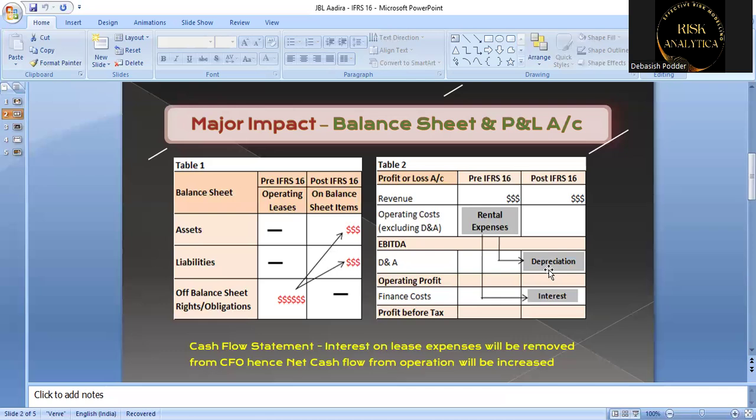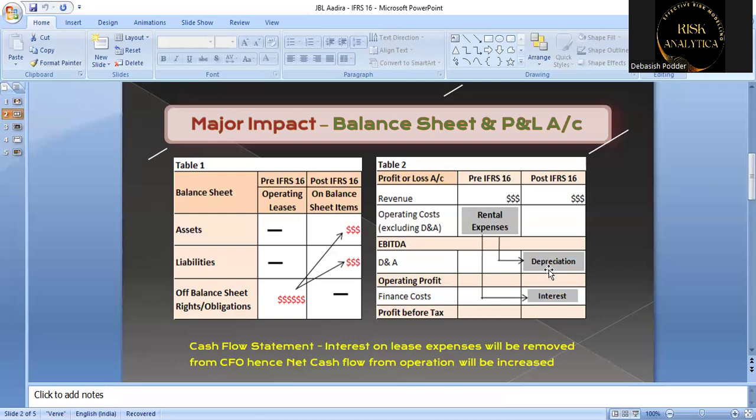Correct? Because operating profit plays a major role. It has a significant impact on all the risk variables or risk factors. If we calculate EBIT, EBITDA, everything is based on the operating profit. Any leverage ratio, if we calculate, the formula is net debt by EBITDA.